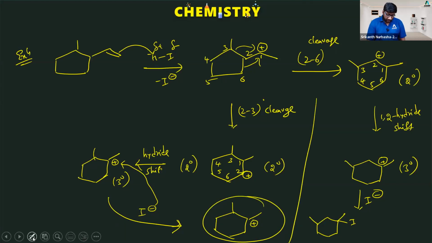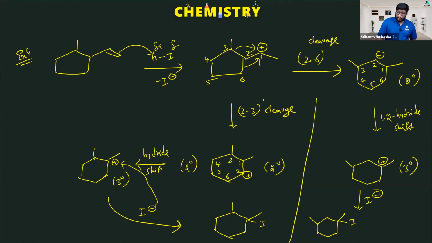These two are different or same? 6-membered ring, methyl and iodine connected to the carbon, and to the adjacent carbon we have a methyl connected. In the other, 6-membered ring, methyl and iodine connected carbon, not to the adjacent carbon; after that, one more carbon is there to which methyl is connected. These are different.